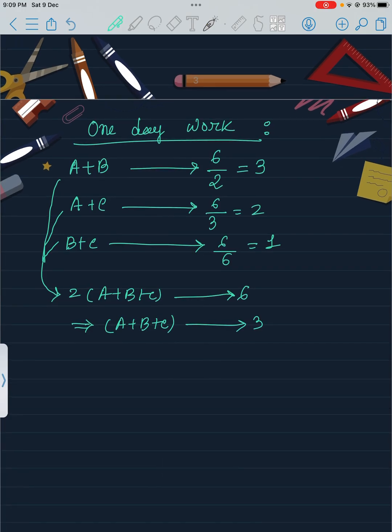Now we have to find one day work of A, B and C alone.